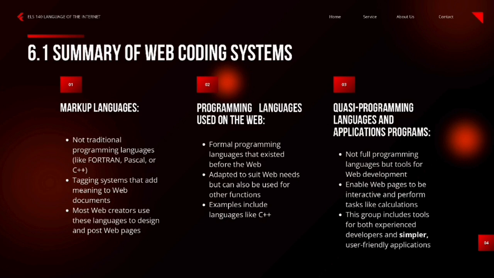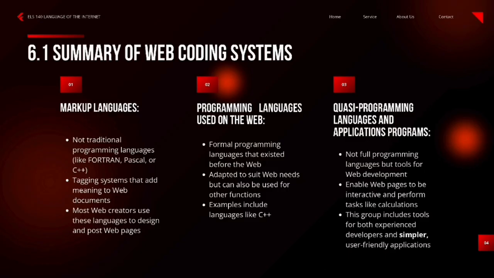Websites need programming languages to handle user interactions, store data, and run applications. So, some common programming languages used for web development include C++, Java, Python, and JavaScript. So, what is C++?